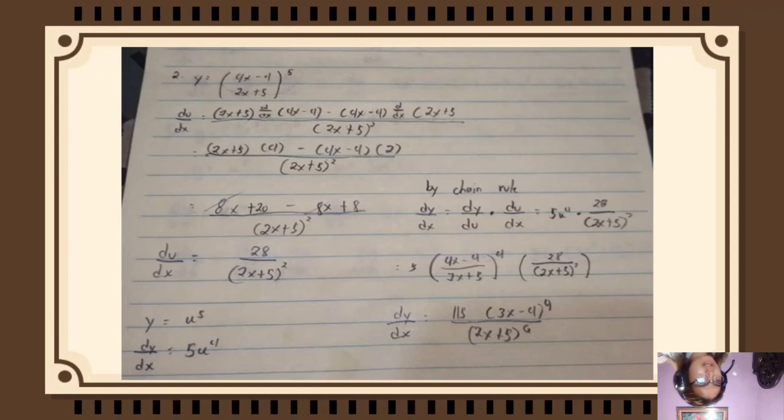So, equal to 6. So, ang answer niya ay 140 4x negative 4 raised to 4 all over 2x plus 5 raised to 6. So, ito na ang answer natin, guys.